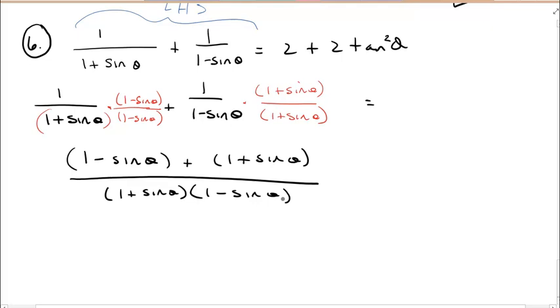Okay, I'm going to put this together. I'm going to simplify this. 1 minus sine theta plus 1 plus sine theta is 2, I believe, correct? Just 2, because our sine theta and minus sine theta are going to cancel away. And the denominator, I'm multiplying conjugates together again, so it's 1 minus sine squared theta, because I know they're conjugates.